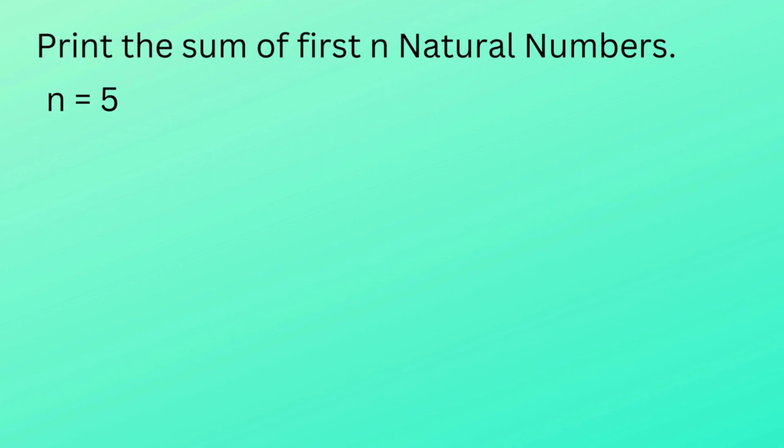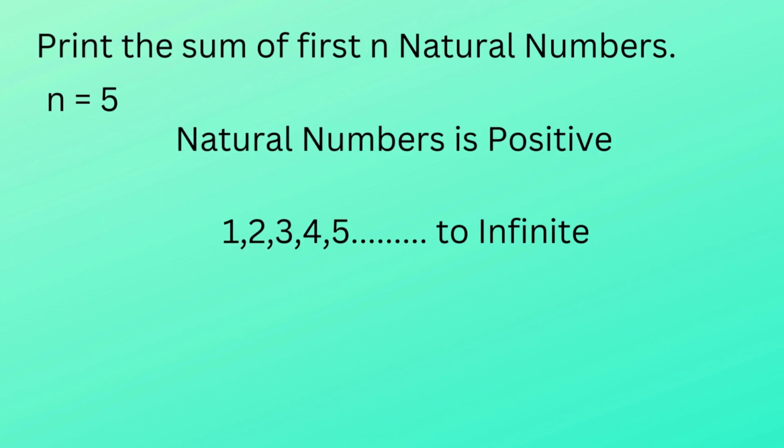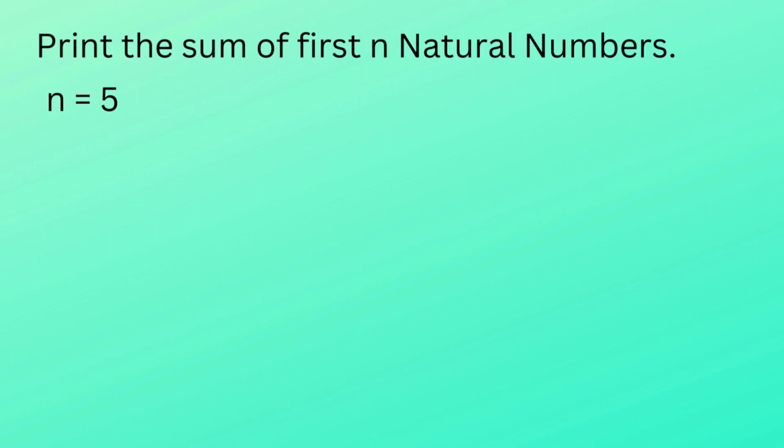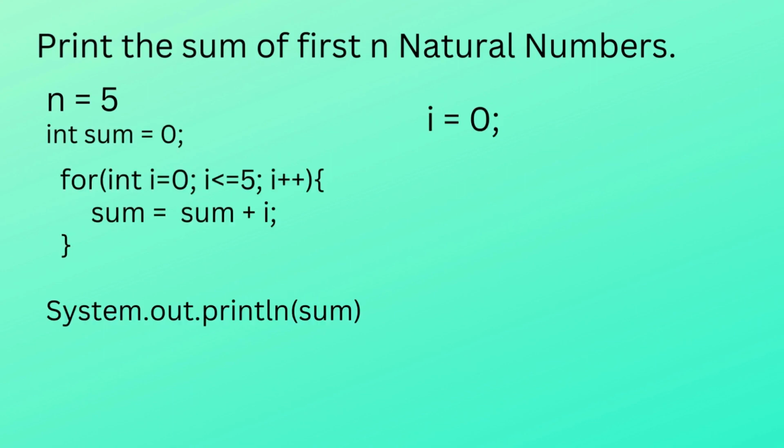We will solve this question: print the sum of first n natural numbers. What is a natural number? Natural numbers are 1, 2, 3 and so on to infinity. We will print the sum of natural numbers till 5. Initially i is equal to 0 and i less than or equal to 5.